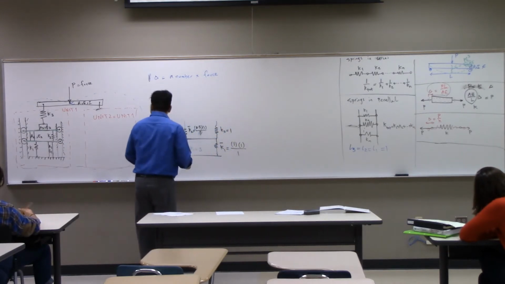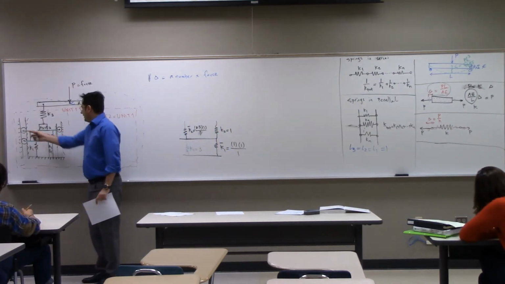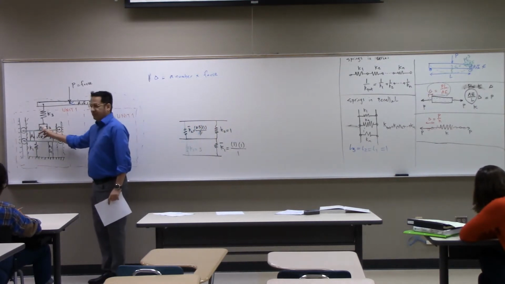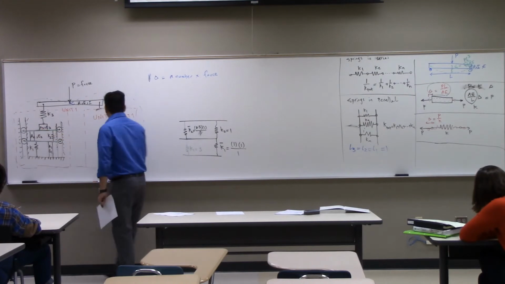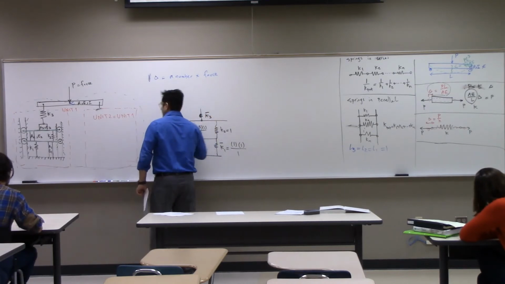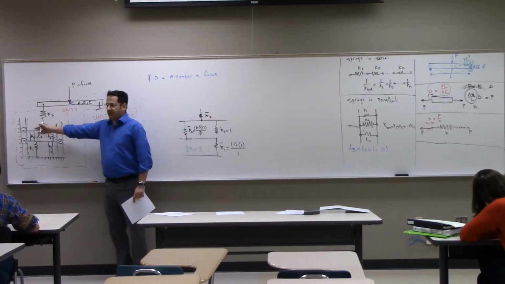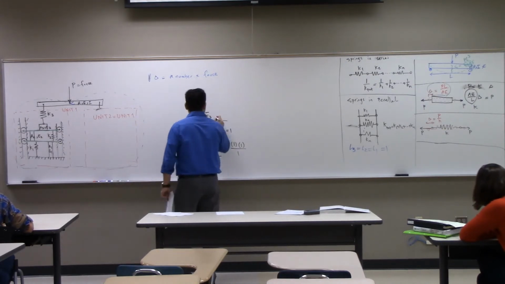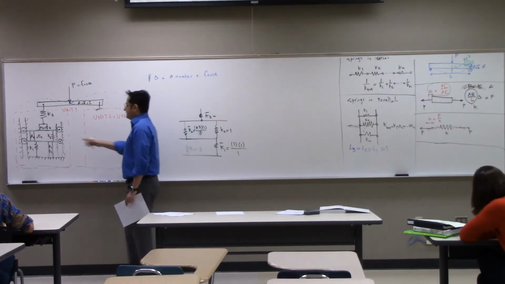Now you go ahead and replace this one. This guy is the spring, right? So you get another spring here. Let's call it K bar 3. It's not the spring, you just call it K bar, which is equal to A3 E3 over L3.